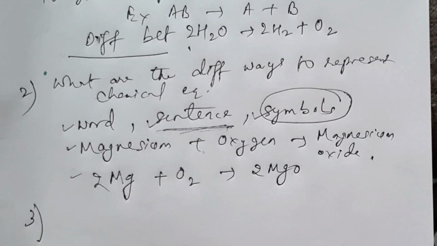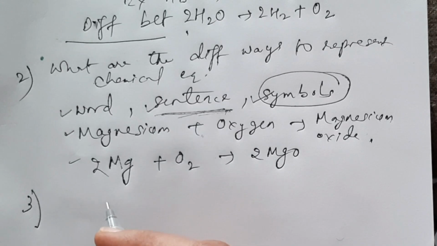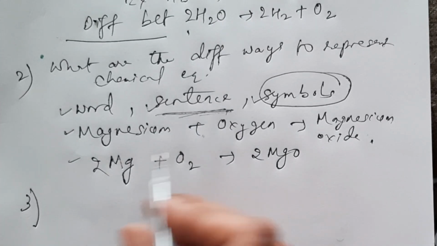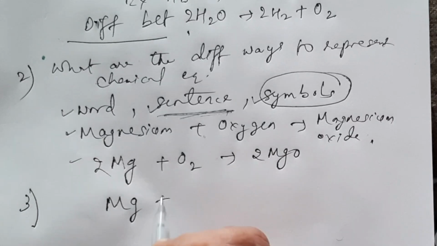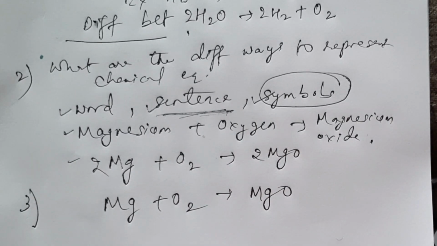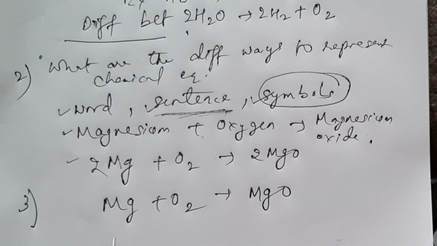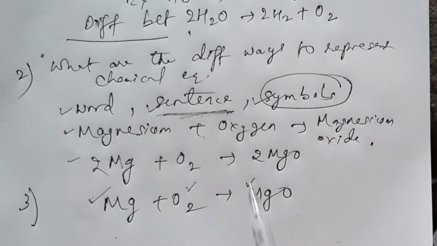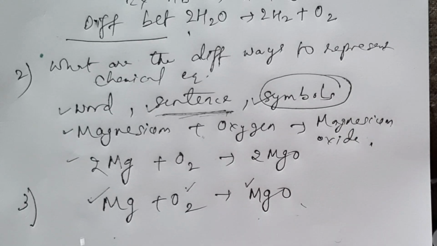The third one: what is skeletal chemical equation or balanced chemical equation? Now if I write the same equation, Mg plus O2 forms MgO. If we count the number of elements on both sides, here 1 magnesium and 2 oxygen, whereas here 1 magnesium and 1 oxygen. So it is an unbalanced chemical equation.